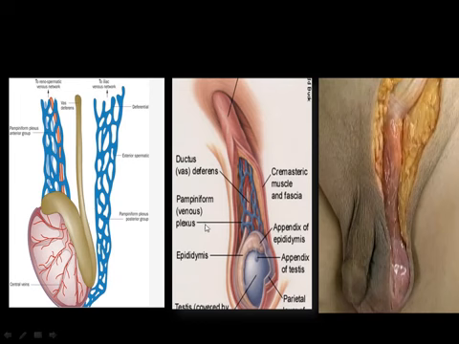The plexus of veins plus the three arteries, the testicular, cremasteric, and deferential arteries, in addition to the lymphatics, nerves, and vas deferens, are all loosely held together by connective tissue in the spermatic cord. The spermatic cord runs from the deep inguinal ring into the scrotum.